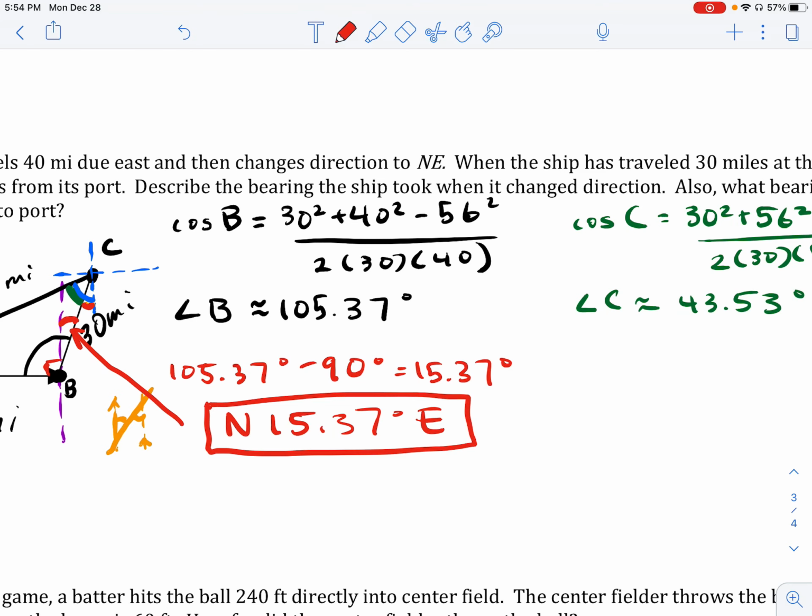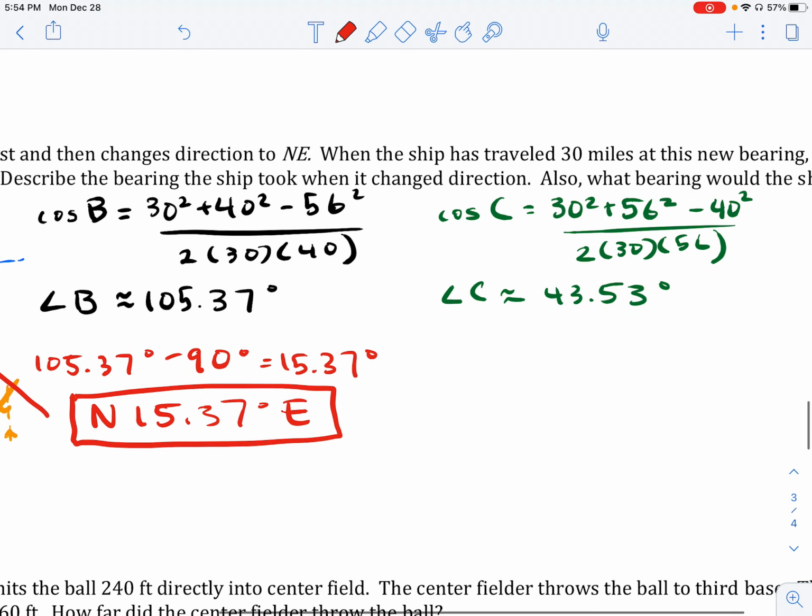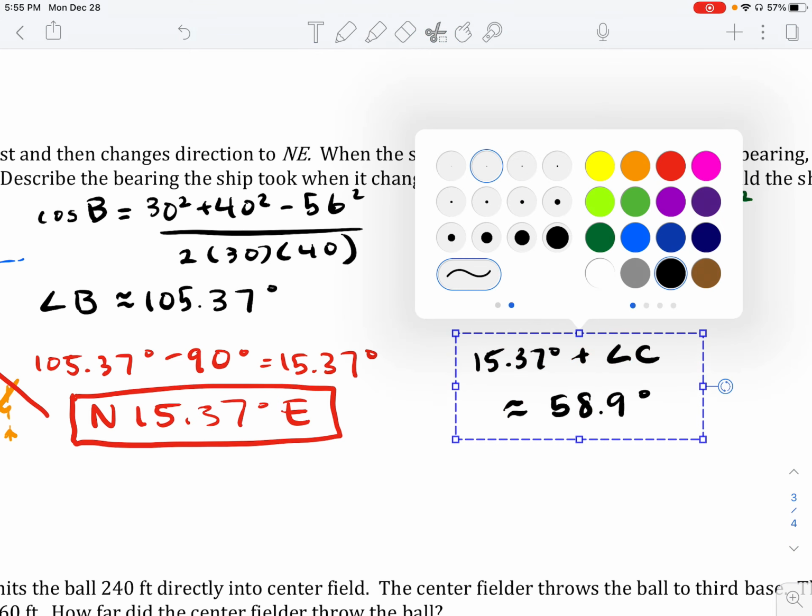So we would just write 15.37 plus this angle C that we just found, and that would give me approximately 58.9 degrees. Then how would we write this as a bearing? Let me switch back to black.